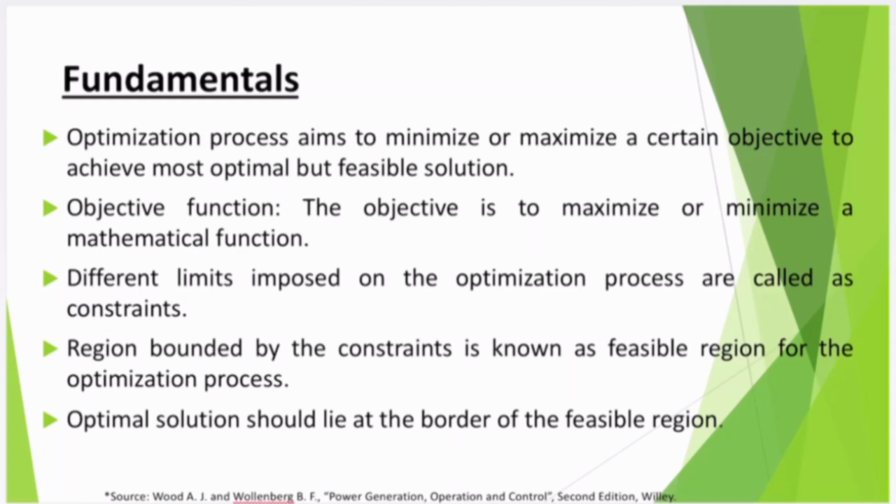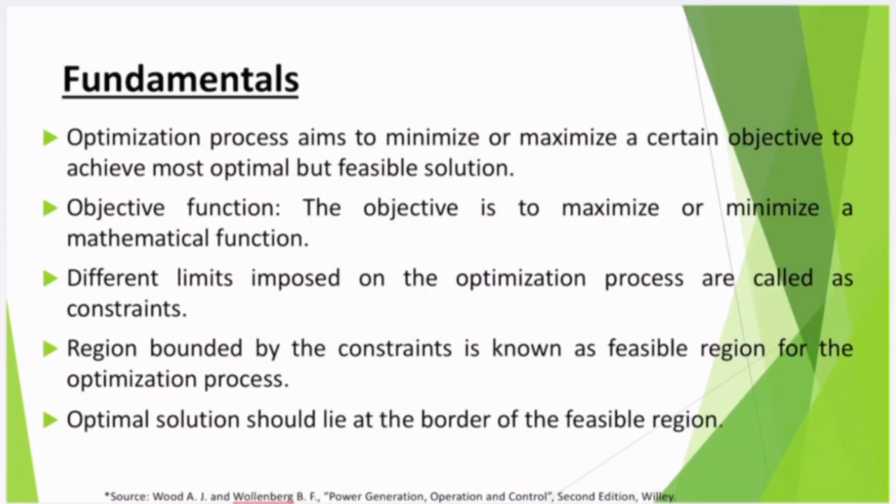Now, we need to have different limits imposed on the optimizing process, called constraints. For example, if I'm interested to know the generation output of a particular power plant, that is P, and that value of P must be less than its maximum generation and more than its minimum generation.